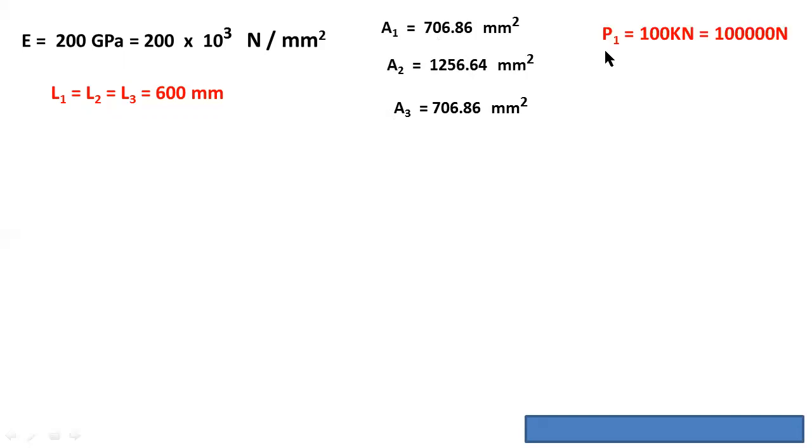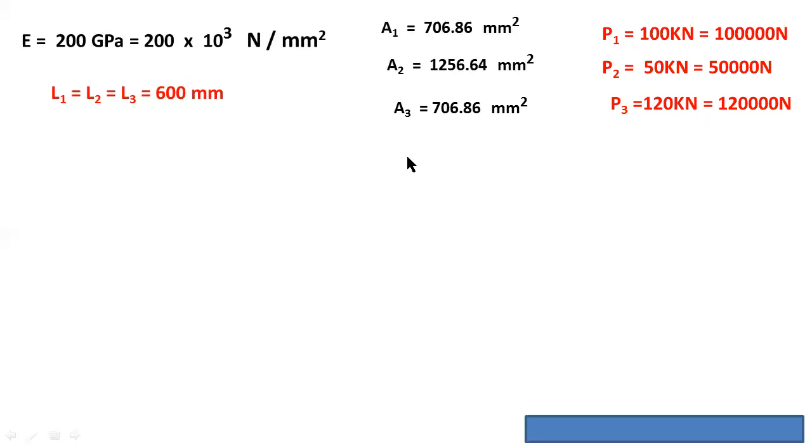Now P1 is the load acting on the bar AB, that is also a tensile load, so positive 100 kilonewtons. P2 is the load acting on the bar BC, that is also a tensile load, so plus 50 kilonewtons. P3 is the load acting on the bar CD, that also has a positive sign for tensile load, that is plus 120 kilonewtons.